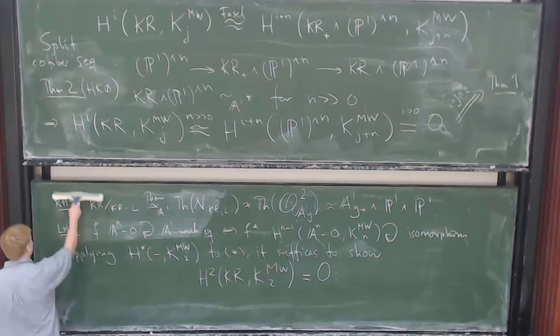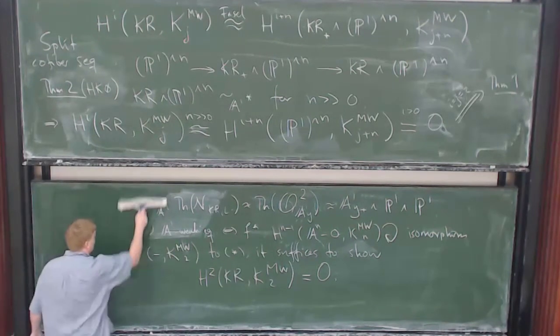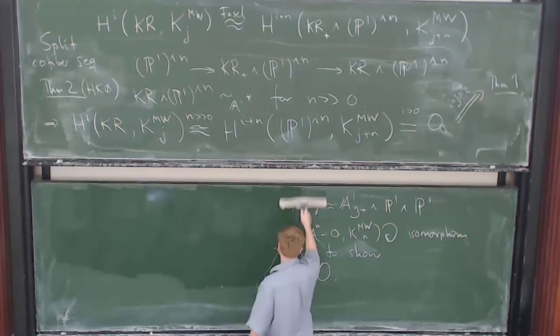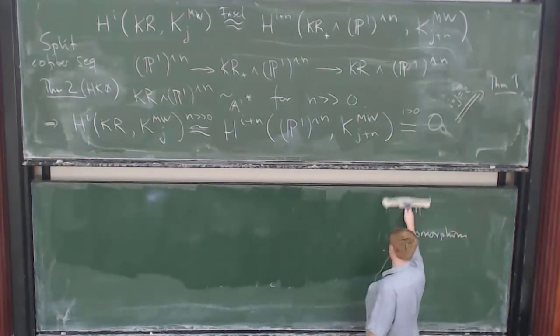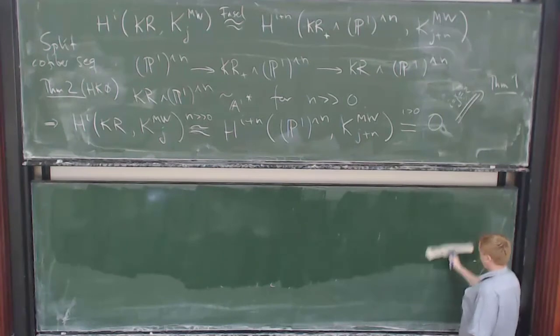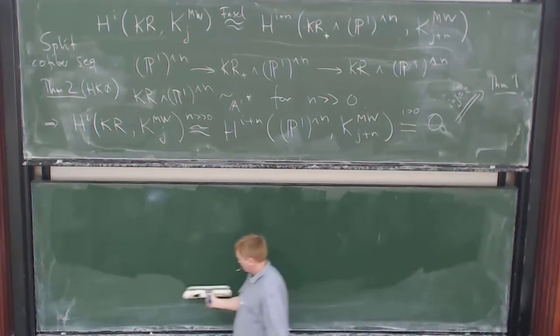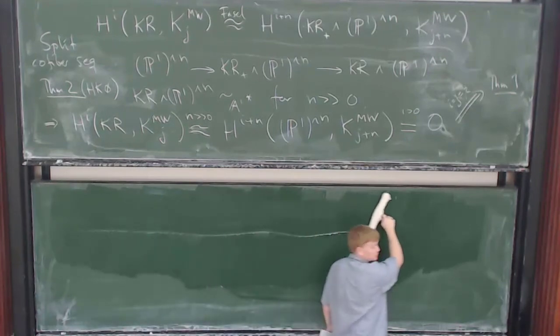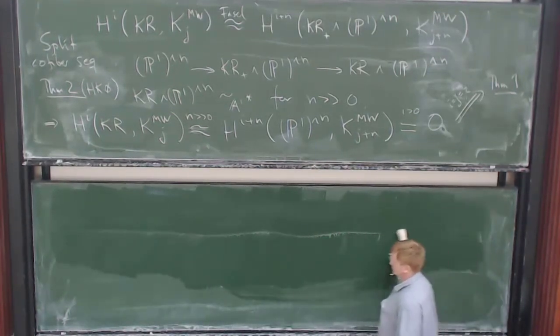So we're left with proving theorem 2. The proof of theorem 2 really works in the stable motivic homotopy category, where we use techniques such as the slice filtration to deduce this result here.